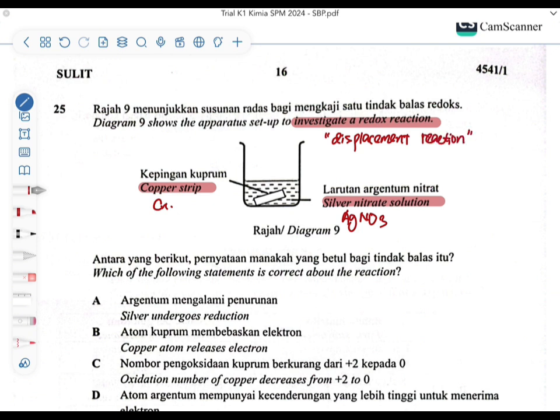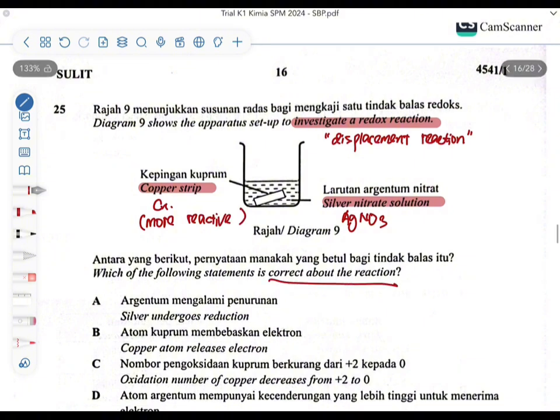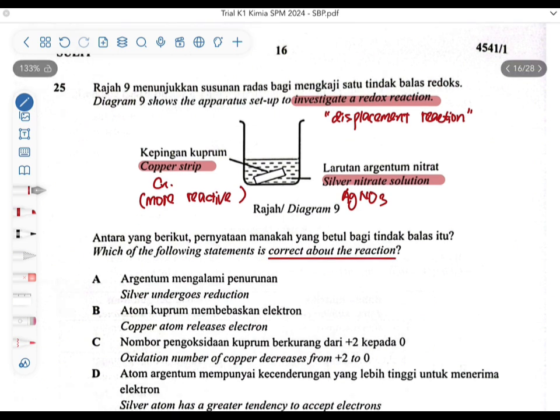Based on the standard electrode potential, copper is more reactive than silver, right? We want to find what is correct about the reaction. So copper is able to displace the silver out of its salt solution.